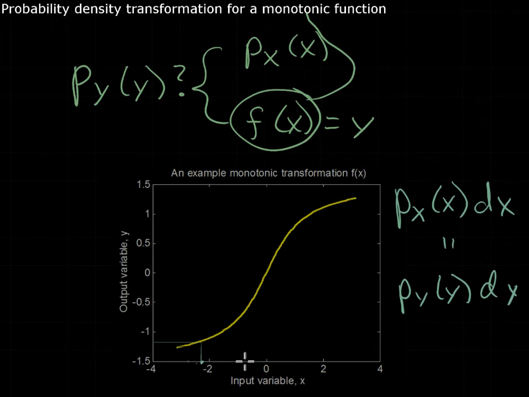Namely, let's grab some representative x value, say here. The integral of p_x dx over this small infinitesimal x interval will map to some spread in the y interval similarly. That's how the probabilities map across this transformation function.